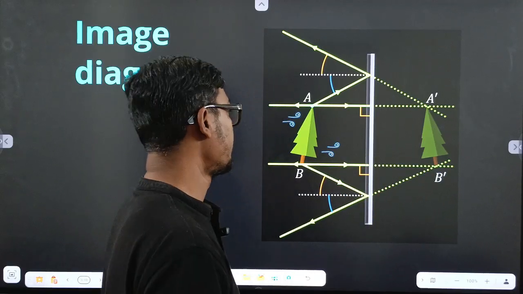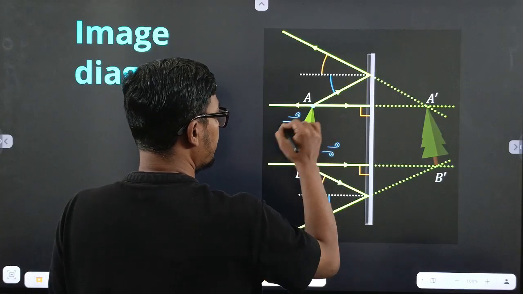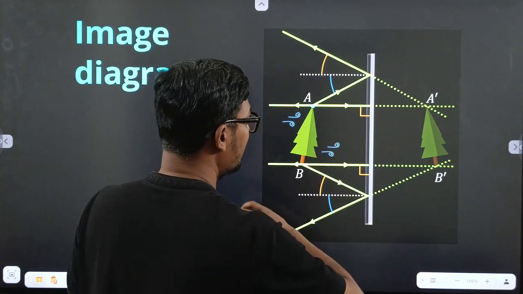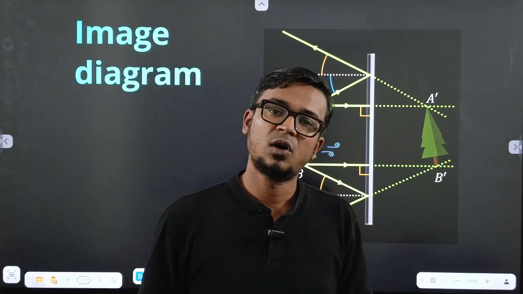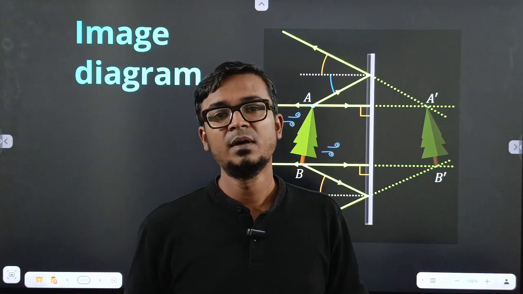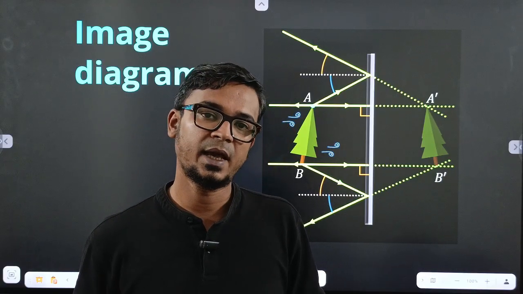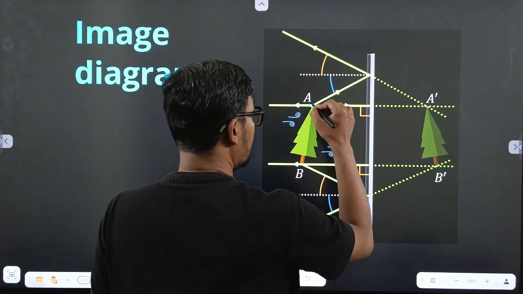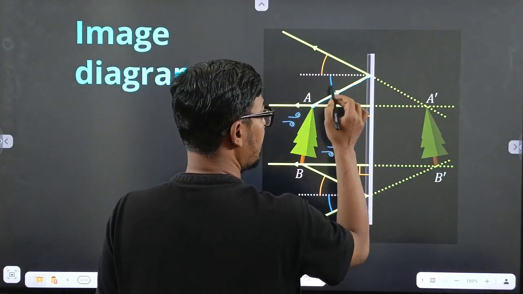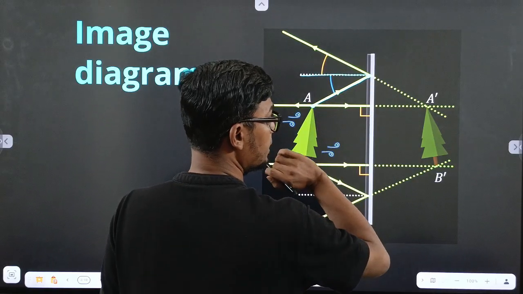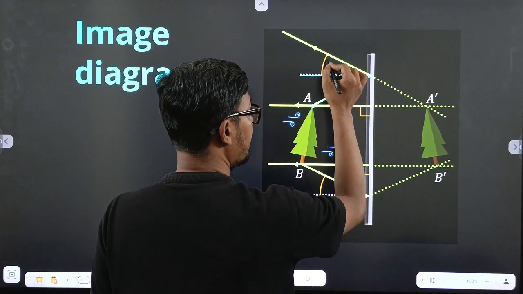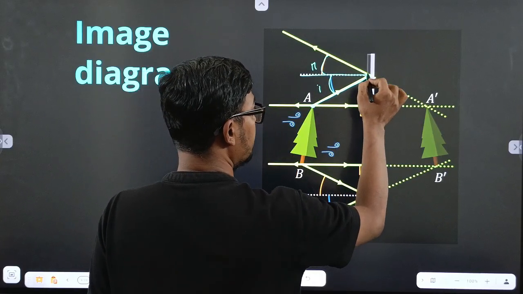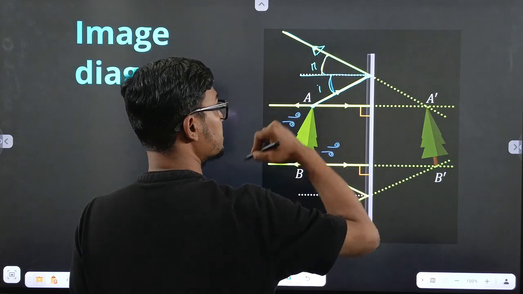For the top point A, with the help of the law of reflection, we know the incident angle and reflecting angle always remain the same. Therefore, if you draw an incident ray at this point, and this is the normal, then this is the incident angle and this is the reflecting angle, I and R. So the reflecting ray goes through this path.